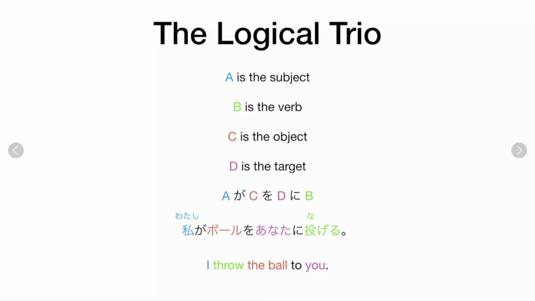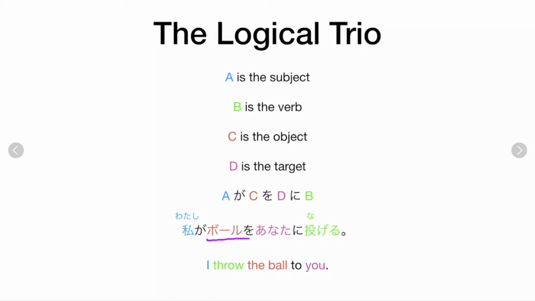So you put all of this together, and your sentence, right, fundamentally, A ga B, watashi ga nageru, I throw, and then you add information to it with these other marked parts. So, watashi ga boru o, this is O marked, so it means that the action is done to this thing.